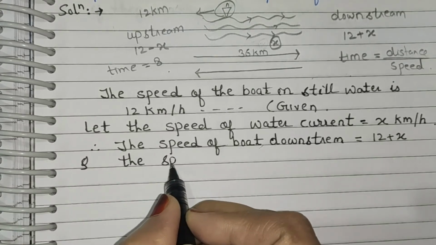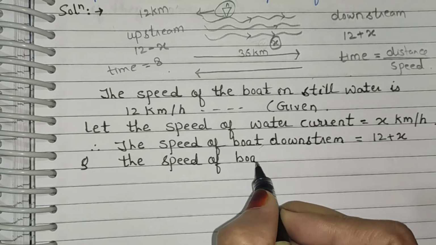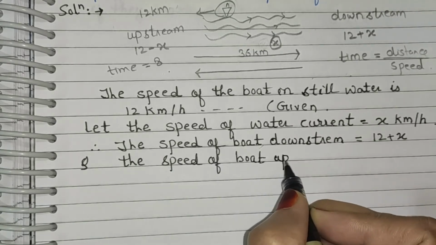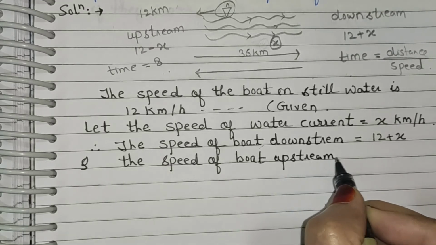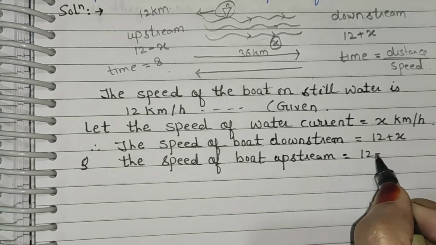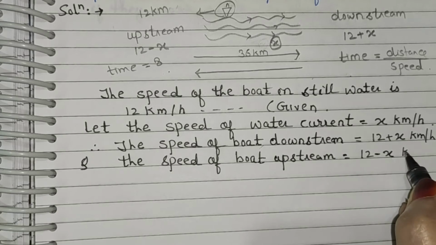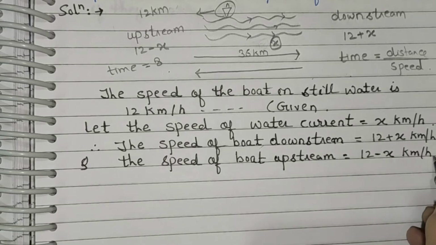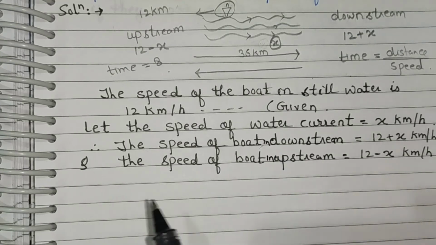the speed of boat in upstream is 12 minus x kilometer per hour. Here also kilometer per hour in downstream and in upstream.